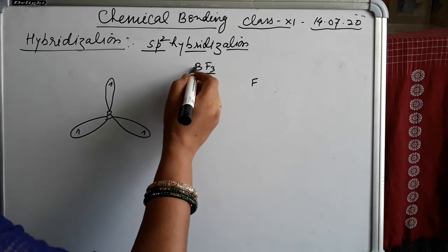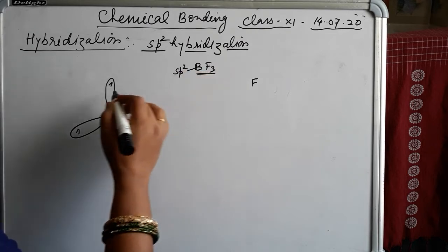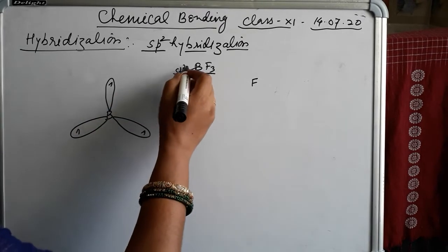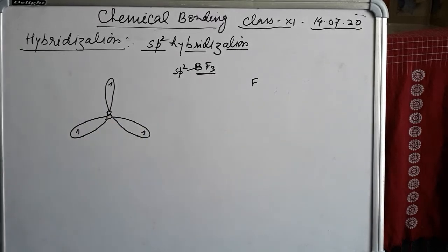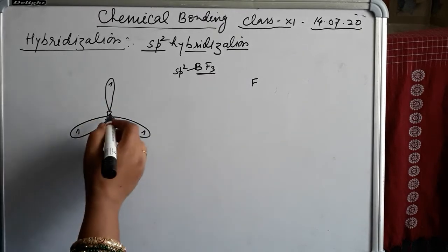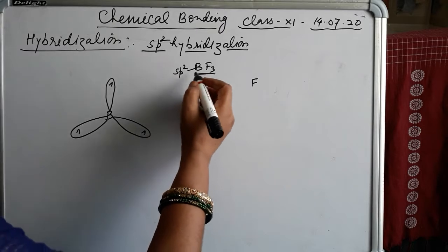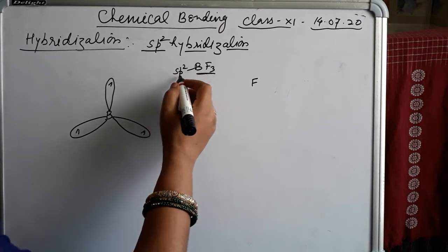So boron, with 1s and 2p, has a total of 3 orbitals, so it becomes sp2 hybrid orbitals. Hybridization of boron is sp2.